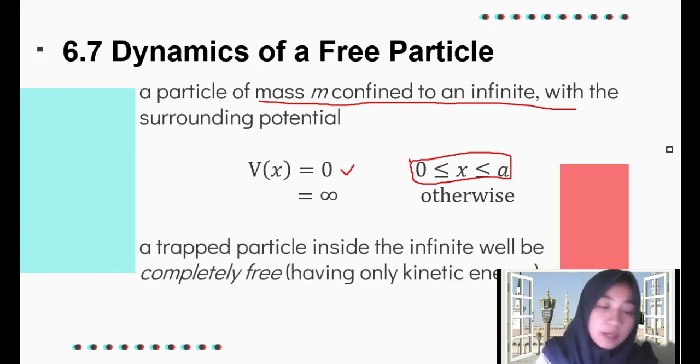Such a trapped particle inside the infinite well is then said to be completely free, having only kinetic energy.